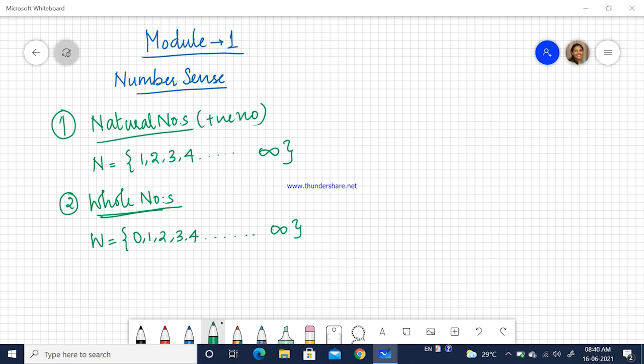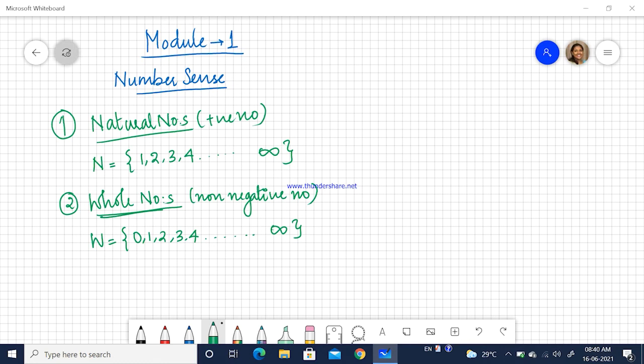This is called a whole number, and whole numbers are non-negative numbers.